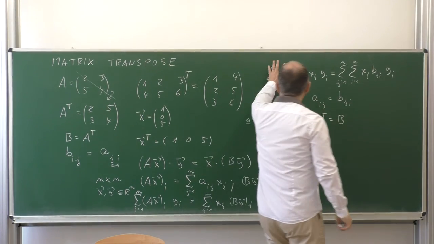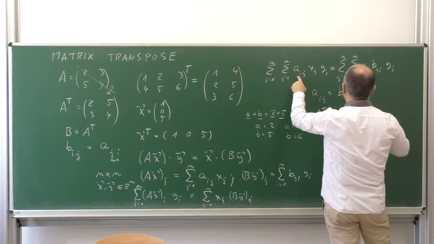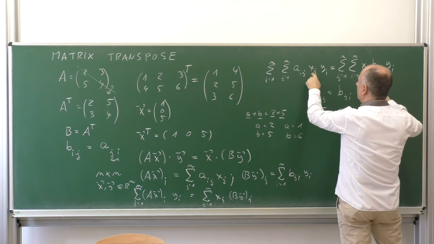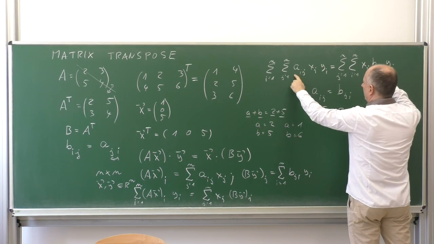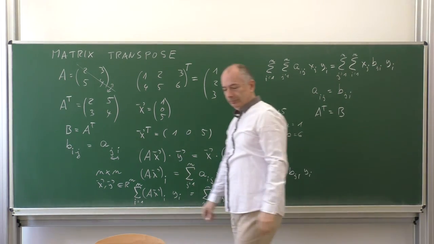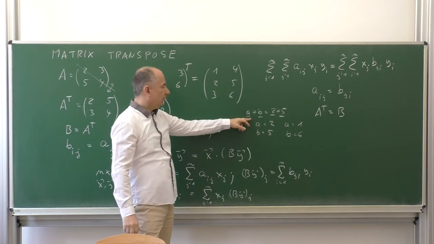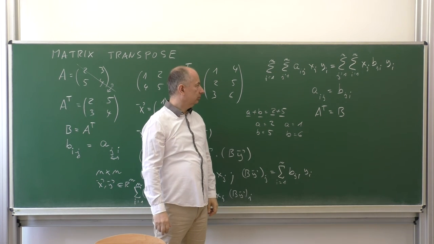Simply speaking, we cannot cancel the sums, and we cannot read just a_ij x_j y_i is b_ij x_j y_i, and from this a_ij must be b_ji. No. This shows that this is a very bad approach.